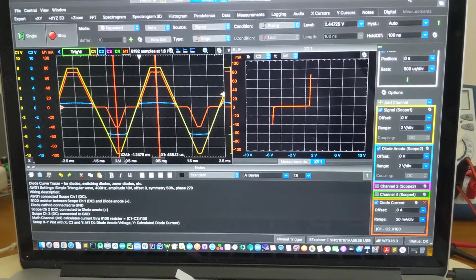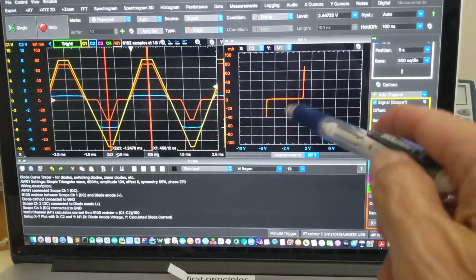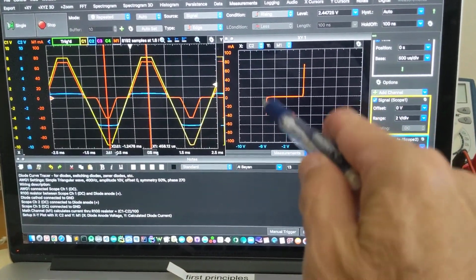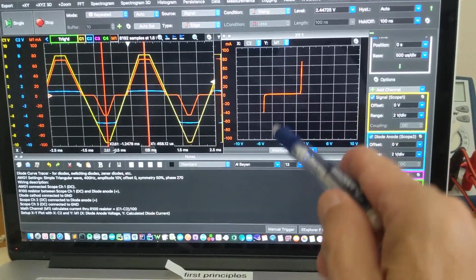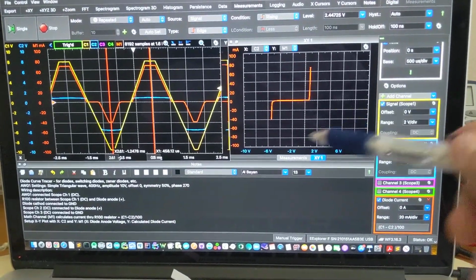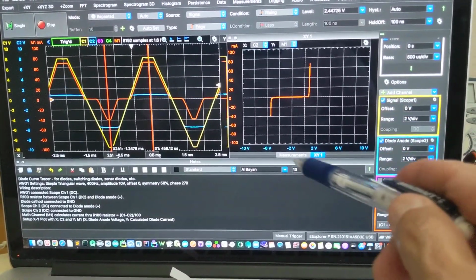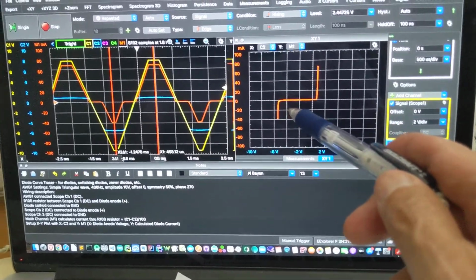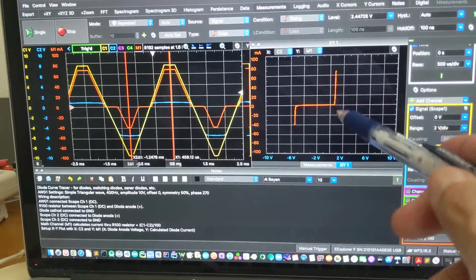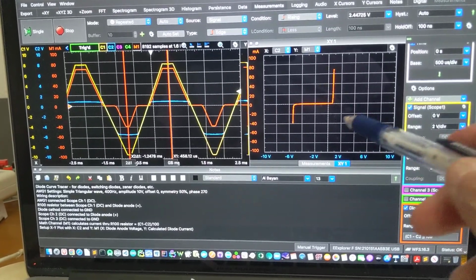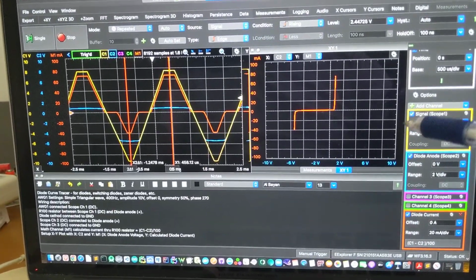It's not a very dynamic test, but you can see the reverse bias flow through the Zener diode here at 5 and some small fraction of 5 volts, 5 point something volts. It's a 5.1 volt Zener diode, and then at 7/10 of a volt or thereabouts, we get the forward flow.